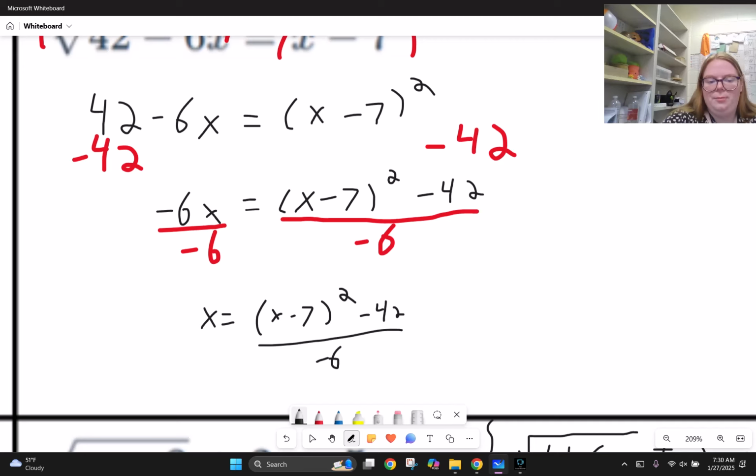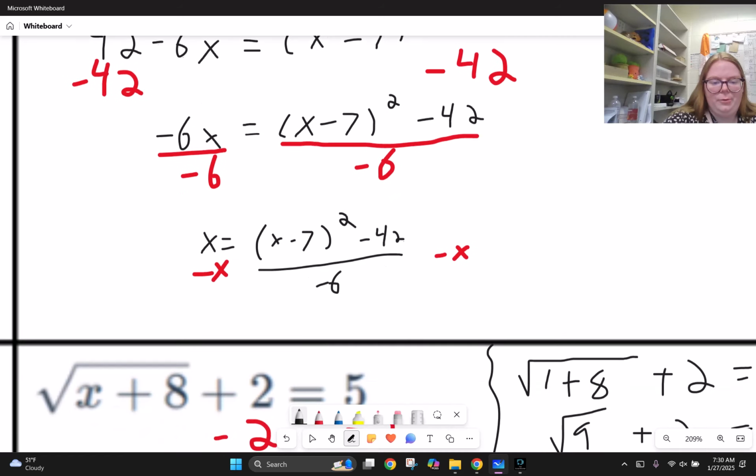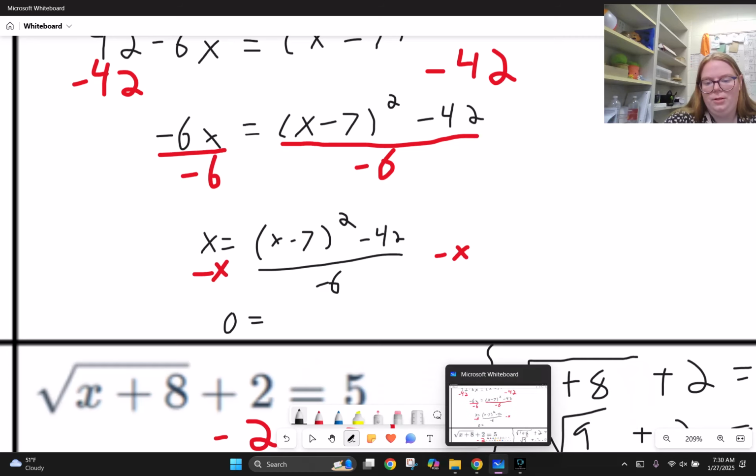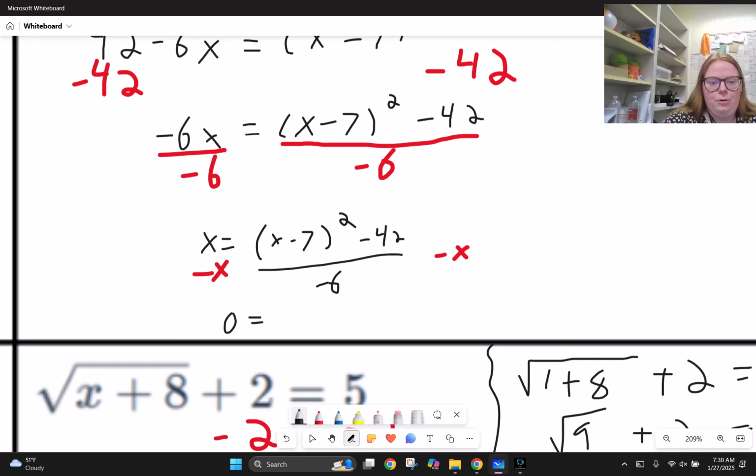And finally, just like we did before, we're going to now move this x to the other side so that this becomes a quadratic that we're solving. So I'm not going to rewrite it, but you end up with 0 equals all of this, and that minus x is included.